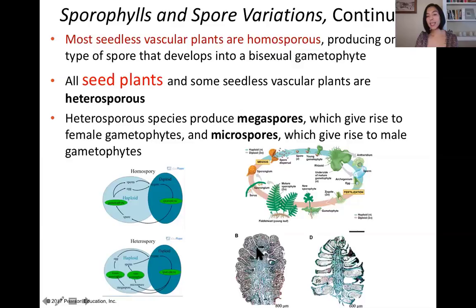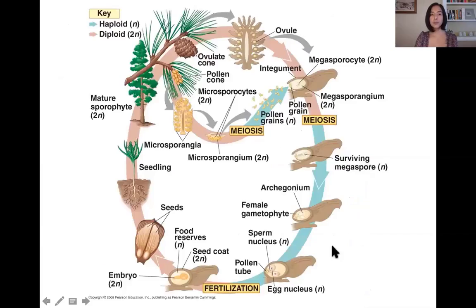That's going to be the megaspore mother cell, goes through meiosis and forms spores, megaspores. And the same thing is going to happen in the male cone or microstrobili. We're going to have one cell that is going to go through meiosis and form spores, which are haploid. So we have two types of spores in these two different structures in here, in this particular case.